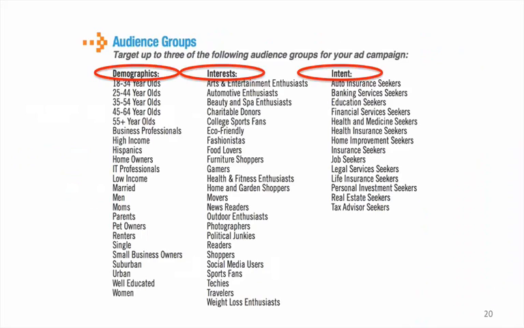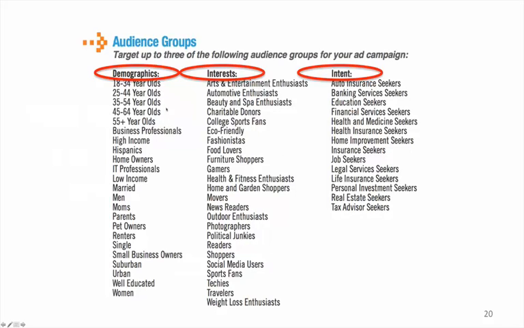So let me just give you an example here. This is from inside of an advertising platform that we have. And you can see here we can target up to three of the following audience groups for your ad campaign. And I just want to show you here demographics, interests, and intent to give you some examples.